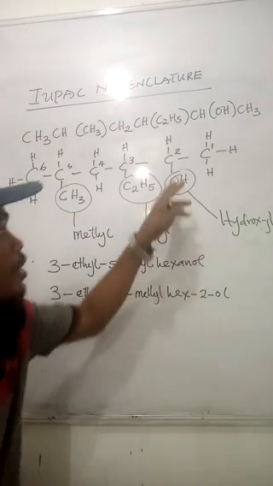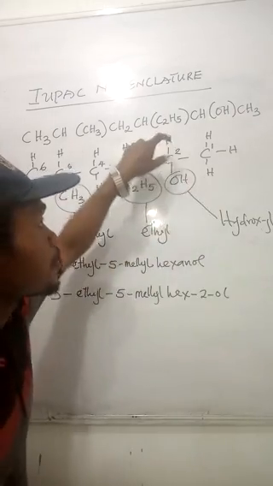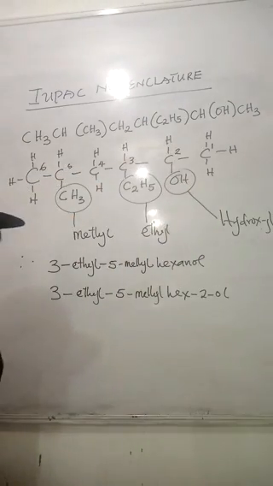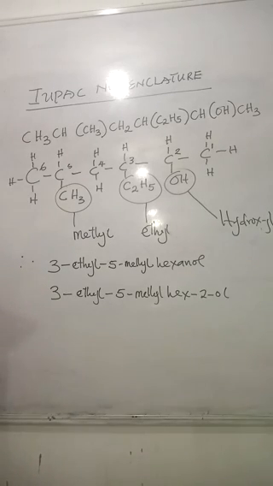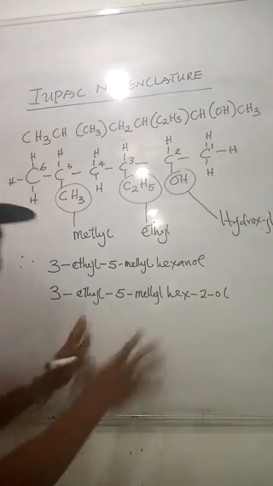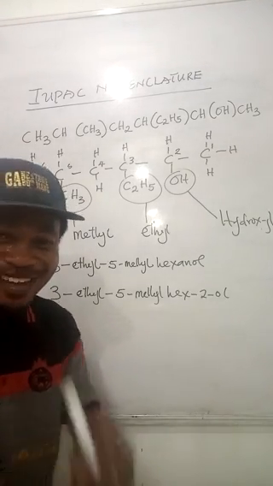Yes, because the hydroxyl group is on position number 2. So you can call it this way. Alright? Perfect. So I believe we have done justice to this and somebody has gained something right now.